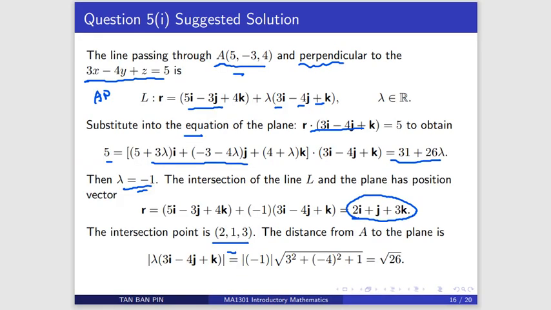So you find the magnitude of lambda 3i - 4j + k, which is the same as the magnitude of lambda times the magnitude of 3i - 4j + k. The magnitude of 3i - 4j + k is just the square root of 3 squared plus (-4) squared plus 1 squared, which gives you square root of 26. Lambda is -1, right? The magnitude of -1 is 1. So the answer is just square root of 26.